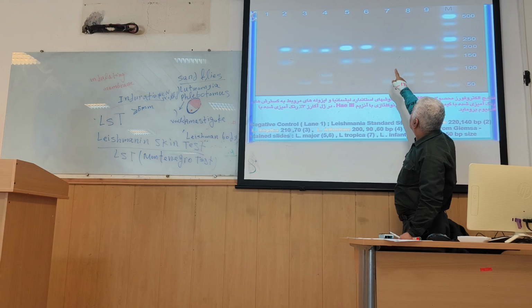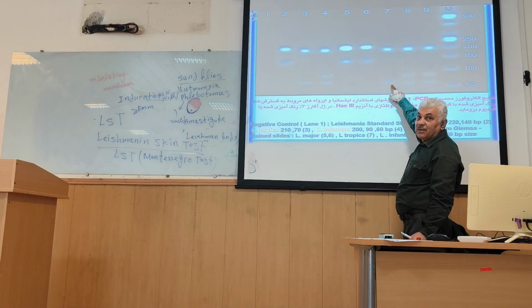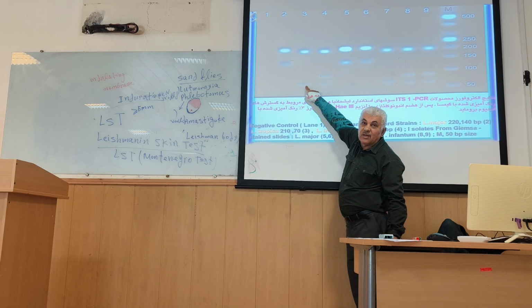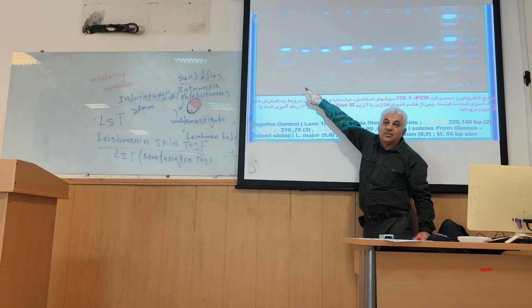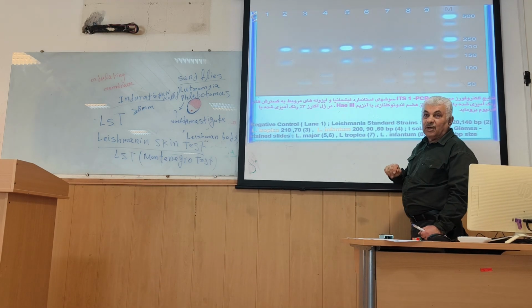What is the species of sample 7? Leishmania tropica, because this is similar to the standard of Leishmania tropica. So 7 is Leishmania tropica.